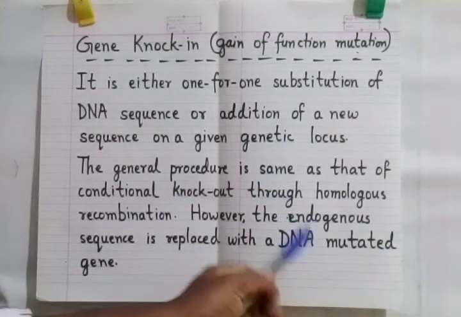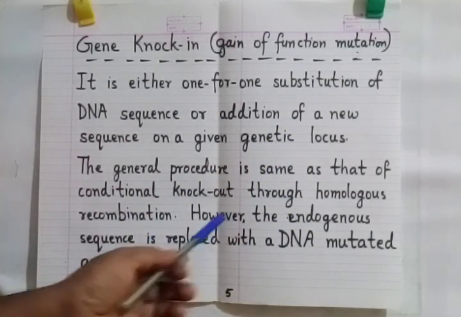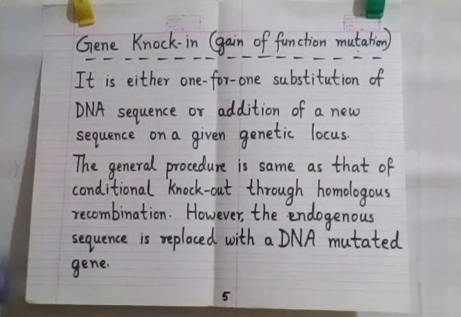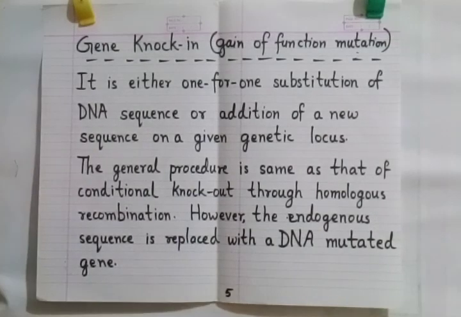However, the endogenous sequence is replaced with a mutated DNA gene. This is the only difference. Otherwise, the entire process is the same as the gene knockout process. Okay. So with this, I complete the gene targeting topic.